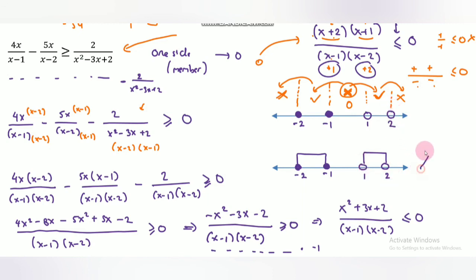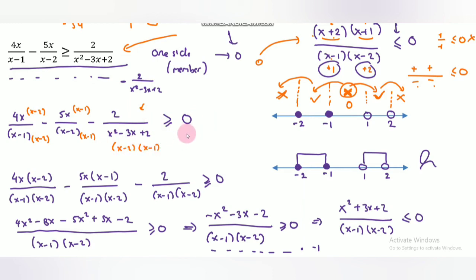So that's how you do it. That is how you do fraction inequalities. Again, keep in mind that first you need to make one side into 0, but never get rid of the fractions by multiplying everything with the factors on the denominator. Never do that. Just keep it as fractions.